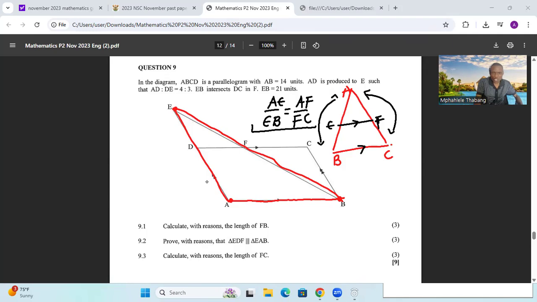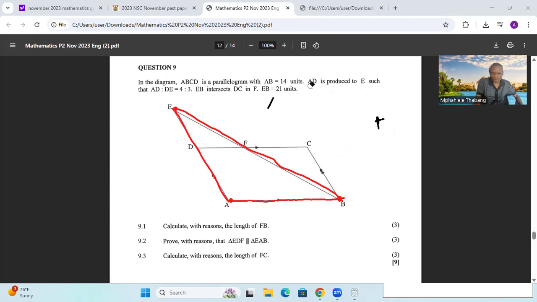question 9. So let me take you back to question 9 of Euclidean geometry. I have this triangle EAB, and I have a line drawn parallel to one side of the triangle, this line.